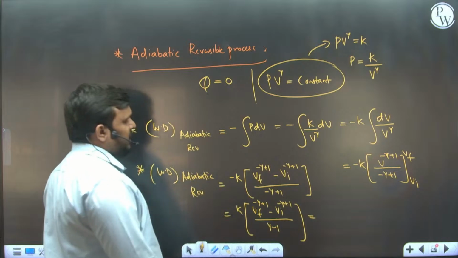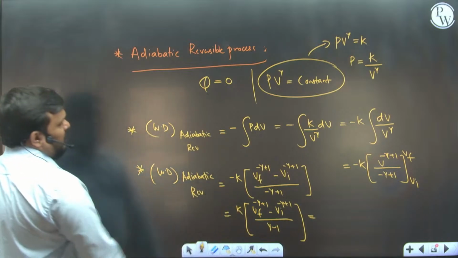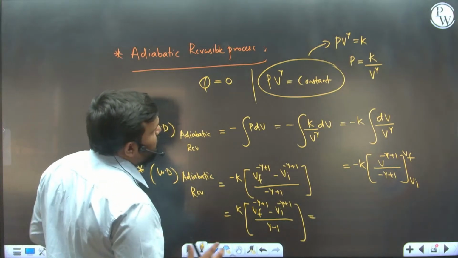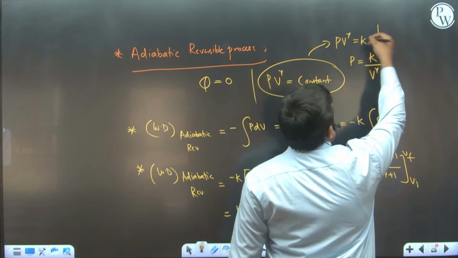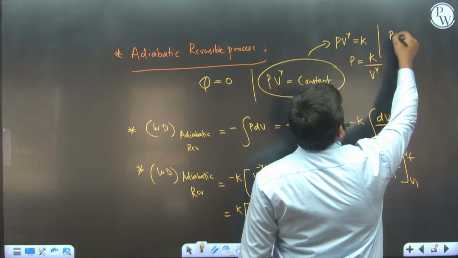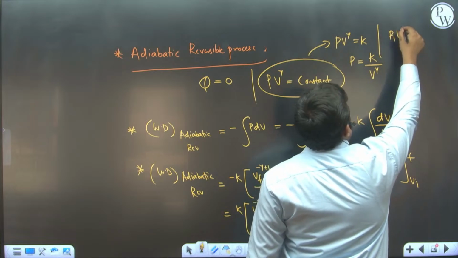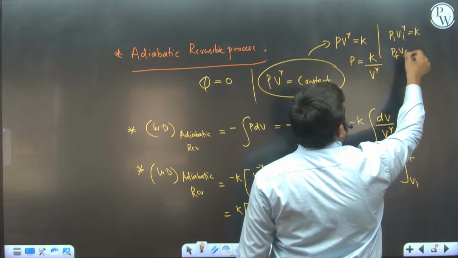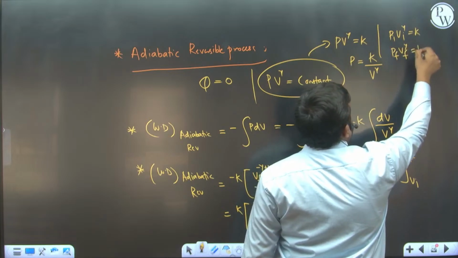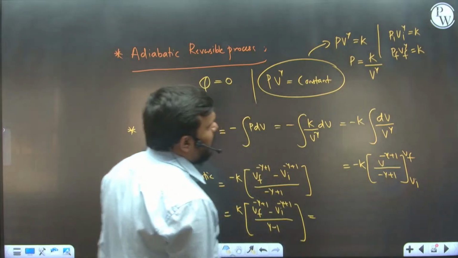Final step, we have to get this equation in its easiest form. So what we will do is, this K we can say P initial V initial power gamma, that is also equal to K, and P final V final power gamma is also equal to K. We already know this.